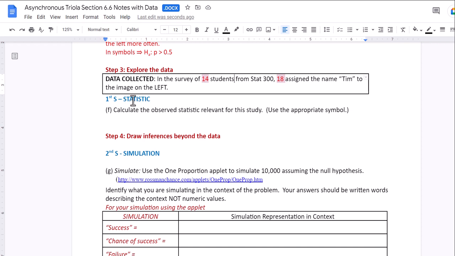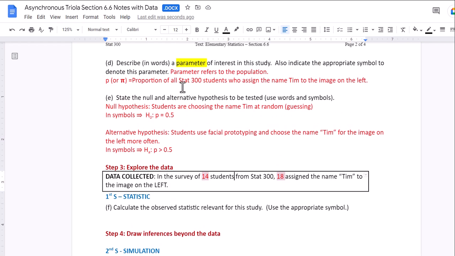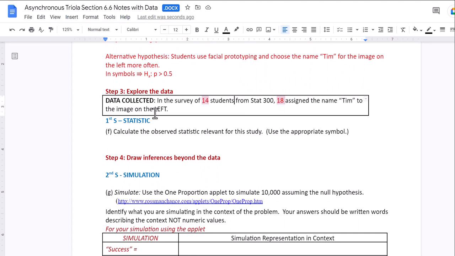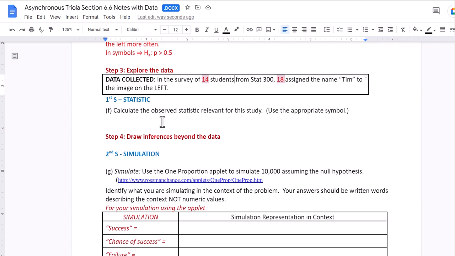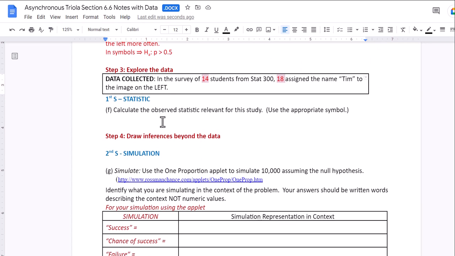Now, this is a statistic because we're talking about a sample. Right here, we're using P because we're talking about the parameter, looking at the population, the entire set of 300 students. And now my data collected is just for the 18 of you that have taken the survey so far. So this is a sample, right? A small set of all 300 students.